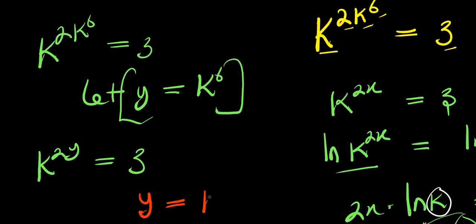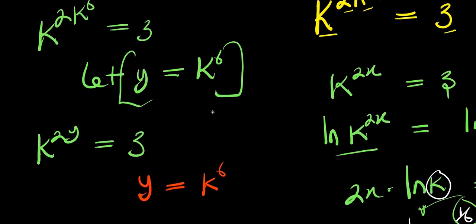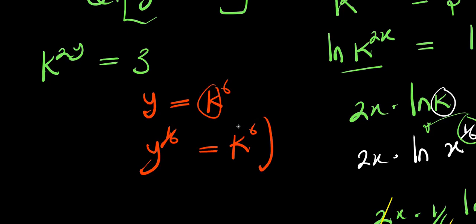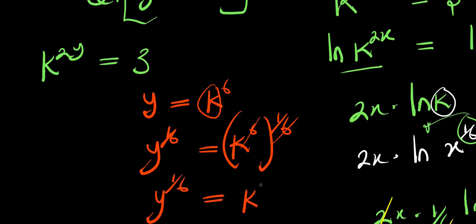If y equals k power 6, in order to isolate k, raise both sides to the exponent 1 over 6. We have y power 1 over 6 equals k power 6 raised to the power 1 over 6. This cancels this, so we have y power 1 over 6 equals k.